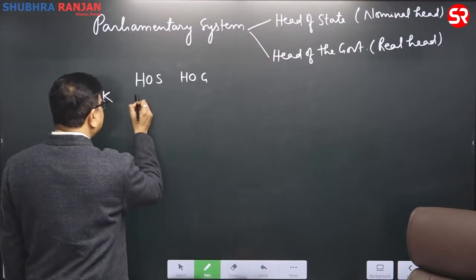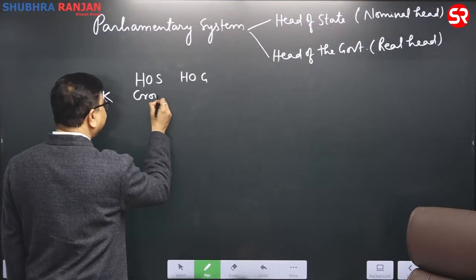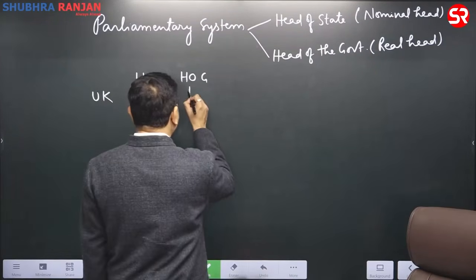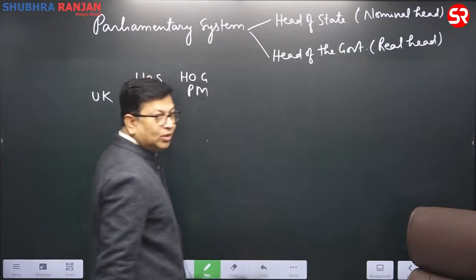In the United Kingdom, the head of the state is the crown and head of the government is the prime minister, who is the real head.